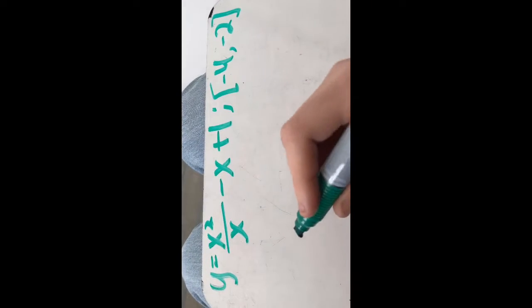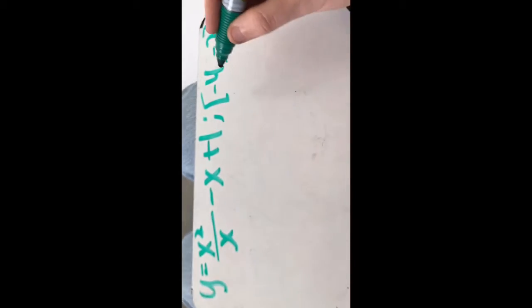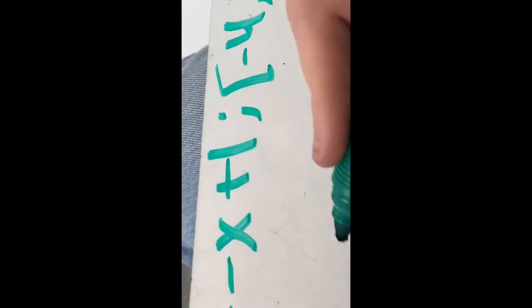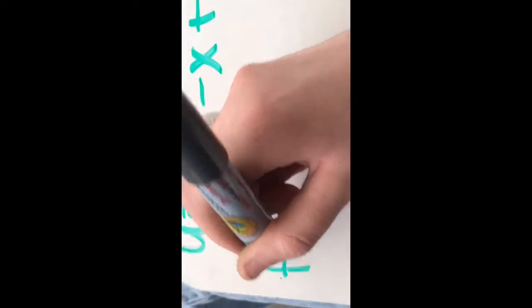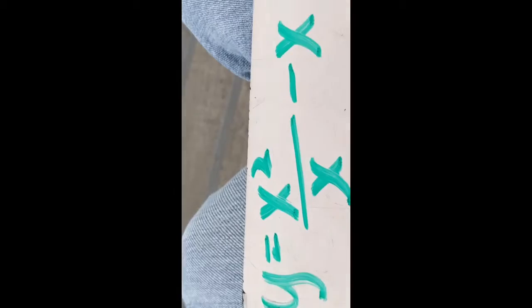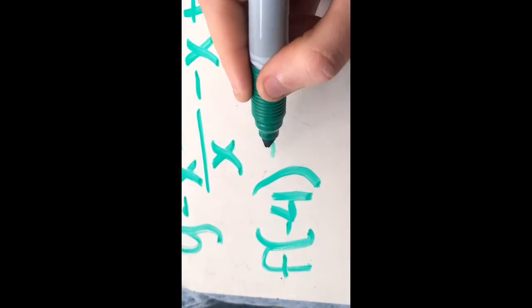Okay, so we're gonna plug in the value of -4 and try to find f of -4, so we can plug it into the original equation, the area of a trapezoid.